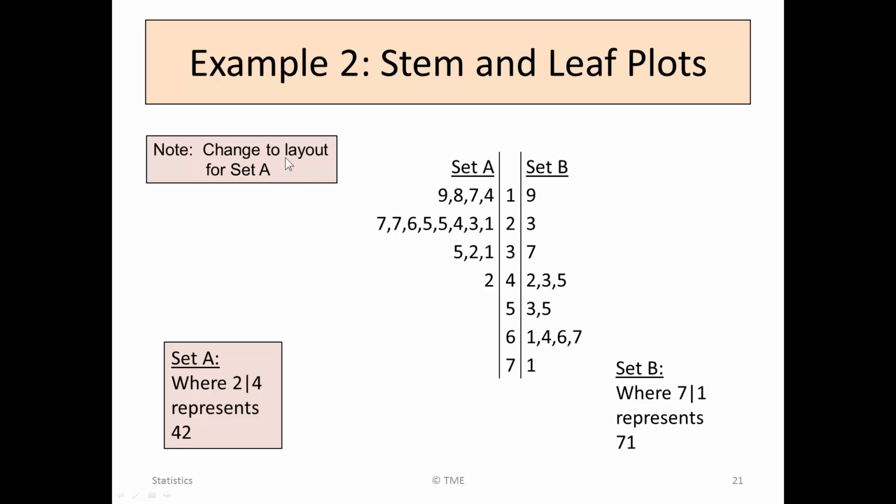Now it's important to note that there's been a change to the layout for set A. Instead of the 1 coming first, it's coming second. So 4, 1 or 2, 4 doesn't represent 24, but rather 42.